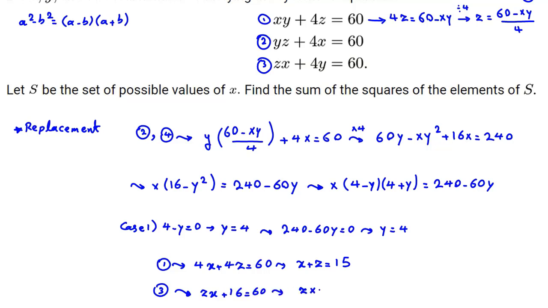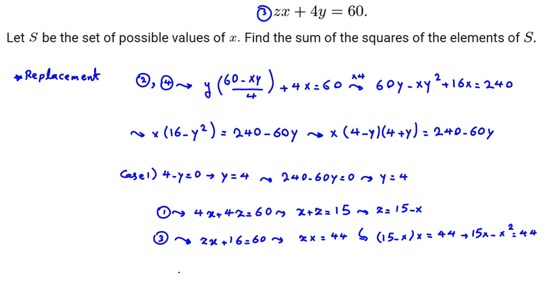So zx equals 44. You can see that 11, 4 works. But if you want to prove completely, you can say z is 15 minus x. If you replace, 15 minus x times x equals 44, then 15x minus x squared equals 44.